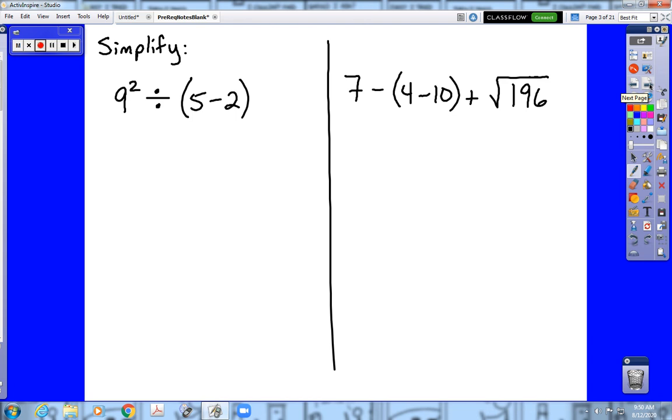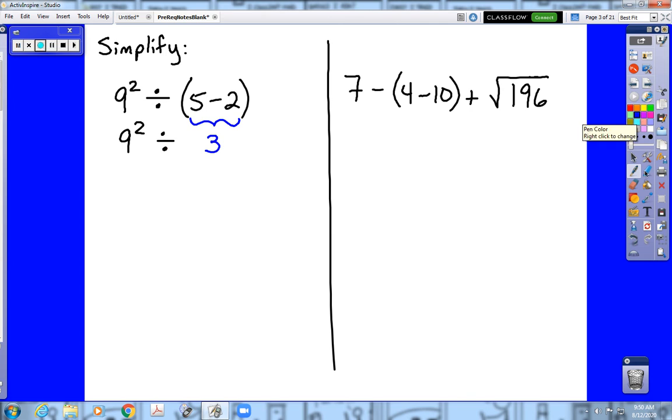Here's 2 more examples. So here we have 9 squared divided by 5 minus 2. So our order of operations says we should start with the parentheses. 5 minus 2 would be 3, meaning that we're looking at 9 squared divided by 3. Next up would be our exponent.